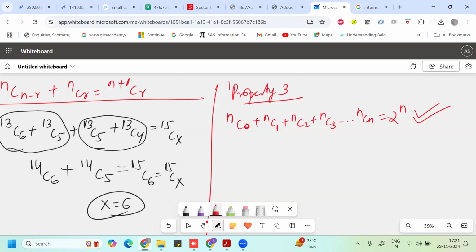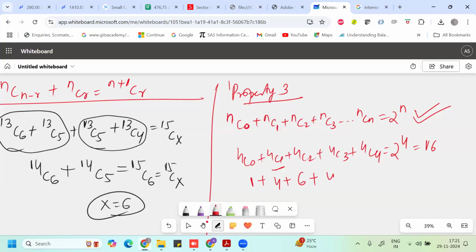Like 4C0 plus 4C1 plus 4C2 plus 4C3 plus 4C4 is equal to 2 to the power 4. 4C0 is 1, 4C1 is 4, 4C2 is 6, 4C3 is 4, 4C4 is 1. That is equal to 16.